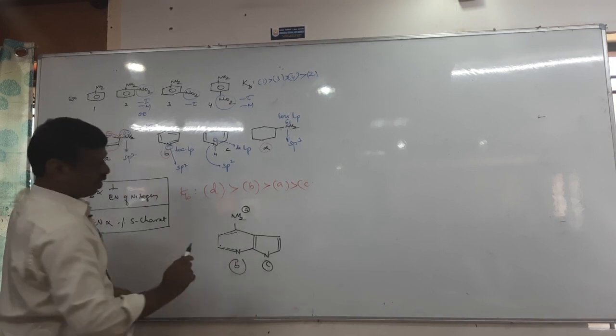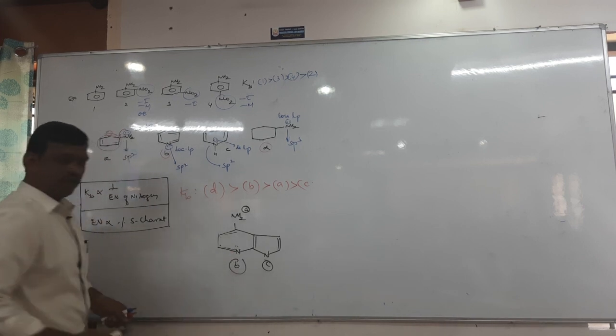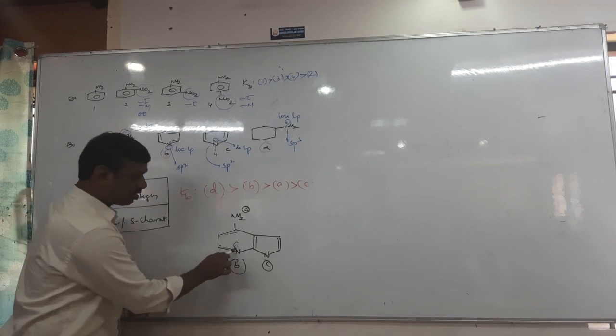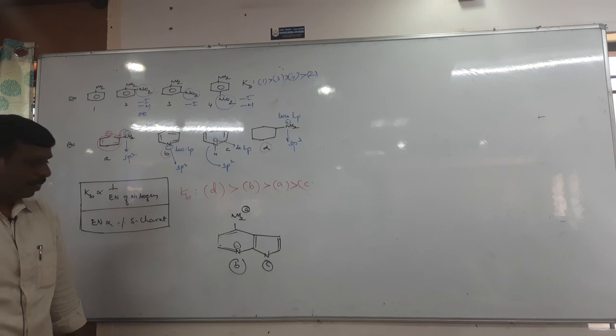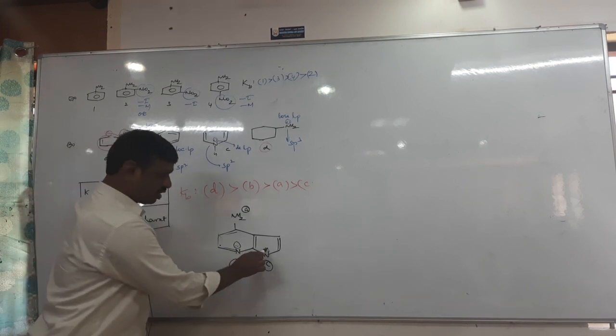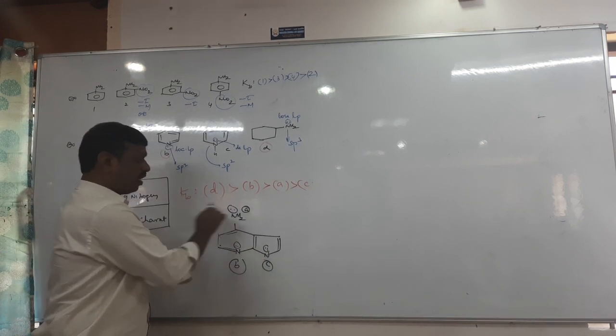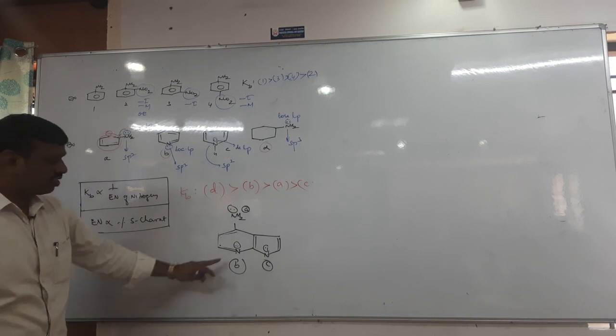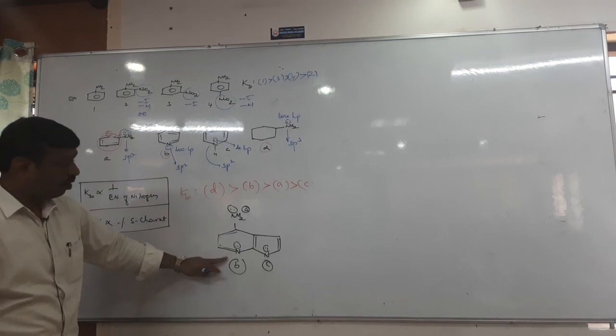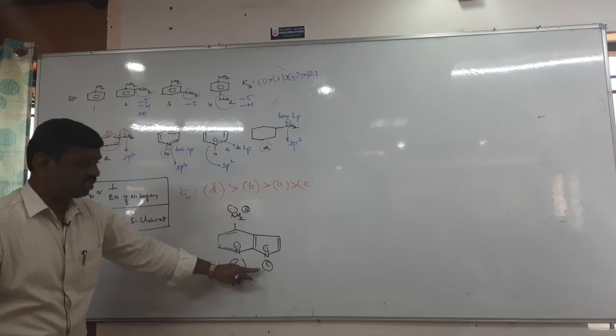This comes like this. Okay. Now tell me. Now here, this lone pair is localized. Now this lone pair is delocalized. This lone pair is delocalized. More basic is B. After B, A. Least is C.